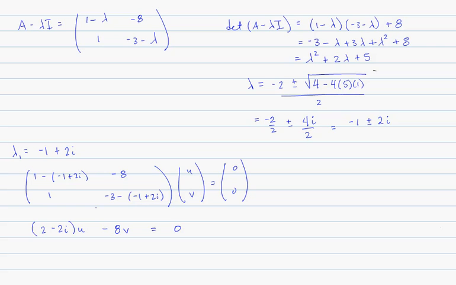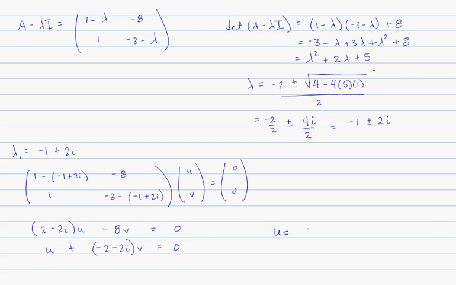Now I could also multiply the second equation and have u minus (2 minus 2i), and that would be multiplied times v, is equal to 0. And I can pick either one of these, since u has coefficient of 1 in the second equation, I'll use that one.